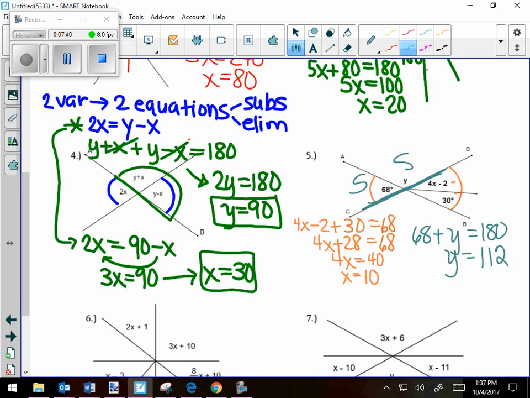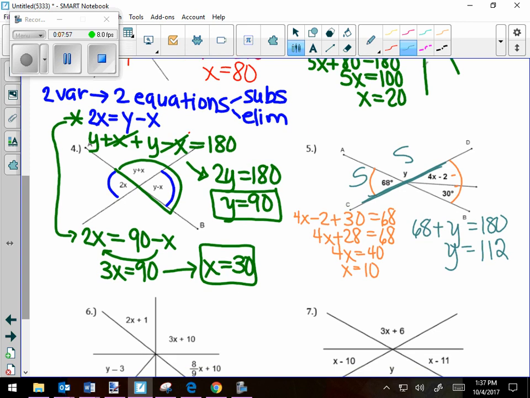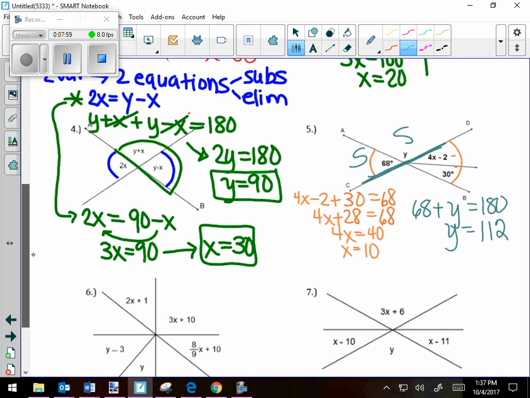So the y value is 112. In this case, there were two variables, but I was able to solve for both of them separately because what was going on with x was not affected by what was going on with y. So I solved x separately and then y, unlike question 4 where they were dependent on each other. So you had to go back and find one in order to find the other.